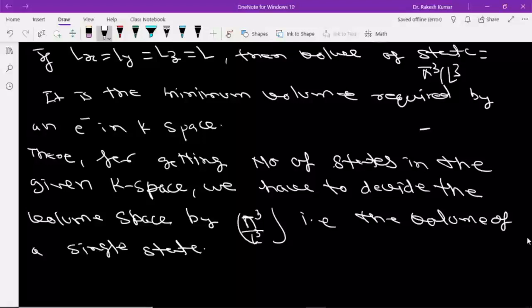And from here we can get only the number of energy states, but we have to determine the number of energy states per unit volume per unit energy.